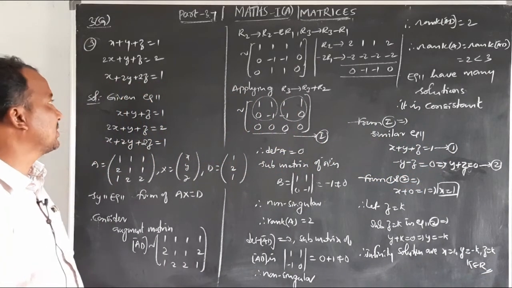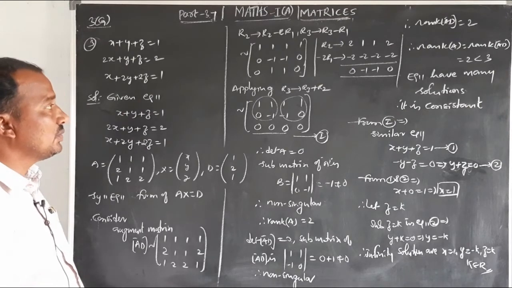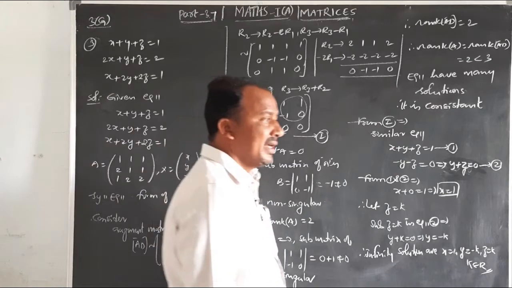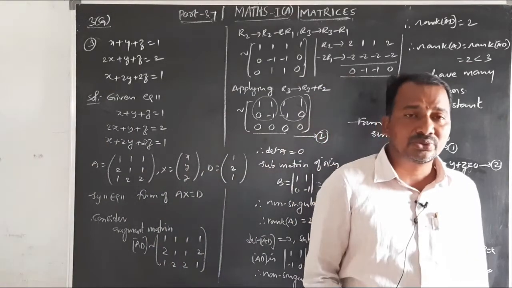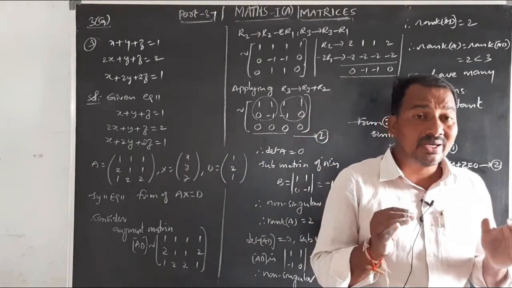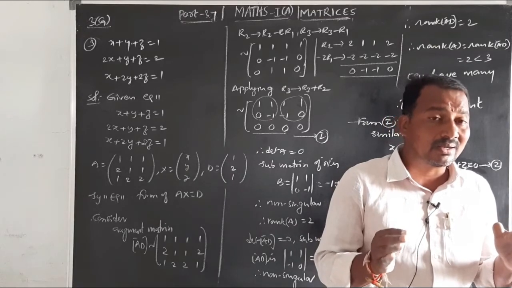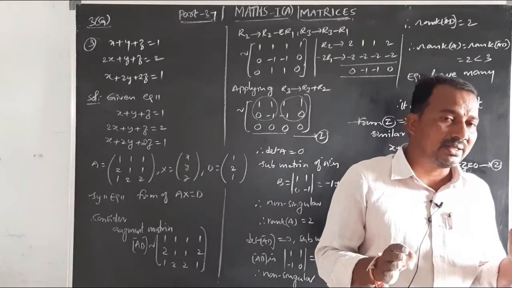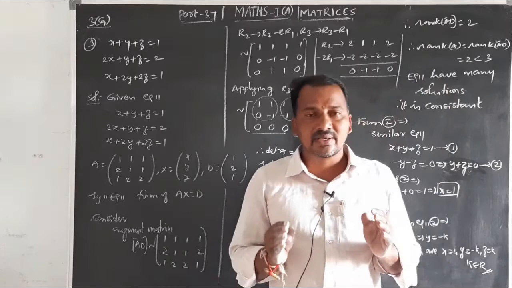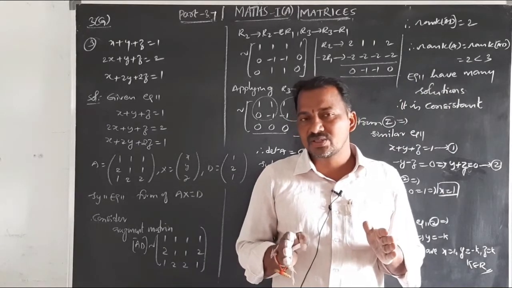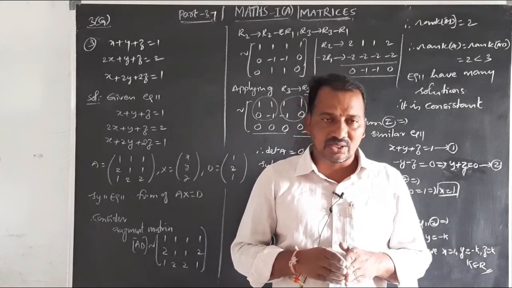Many solutions means rank of A equals rank of AD is less than 3; then the equations have many, infinity solutions.